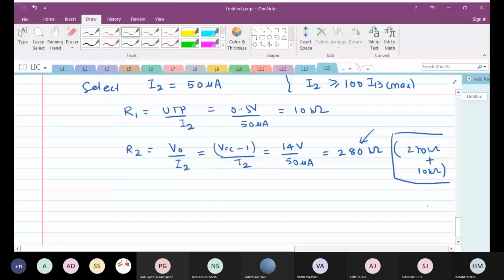Now again, we can have adjustable trip points. Just a small modification. Again, using diodes, obviously, we can do that.